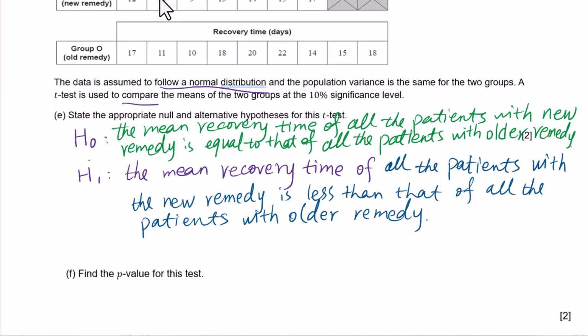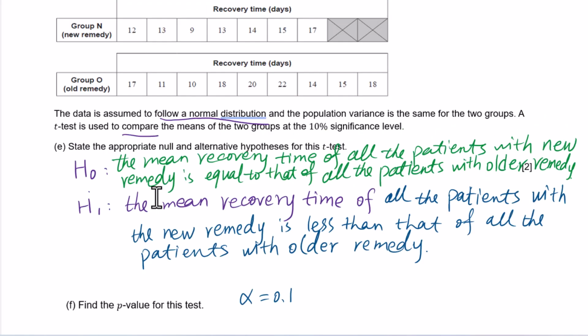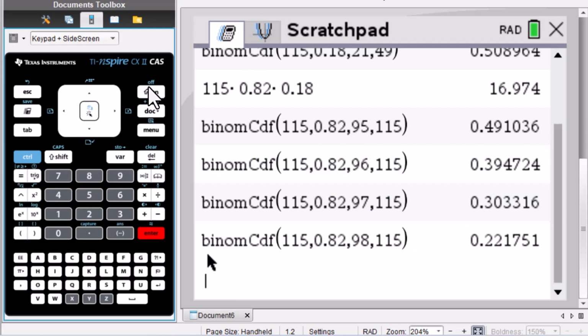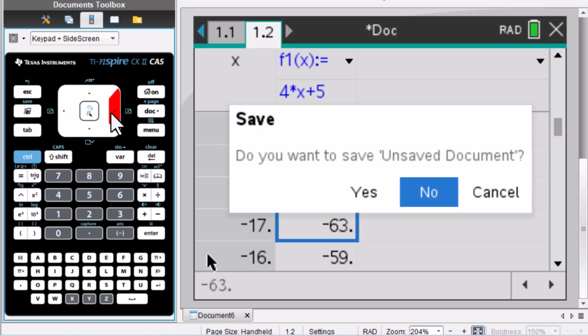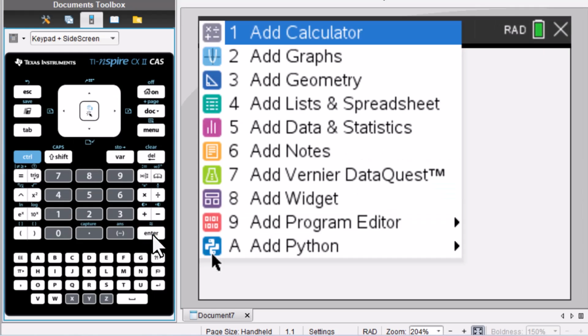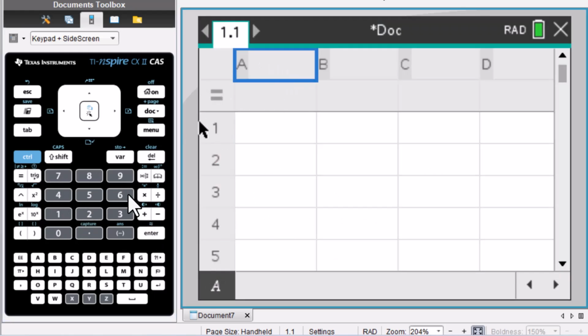Part F, find the p-value for this test. Let's put this data into the spreadsheet. So click on 1, 4, Spreadsheet.